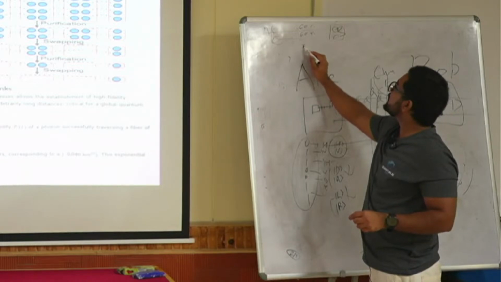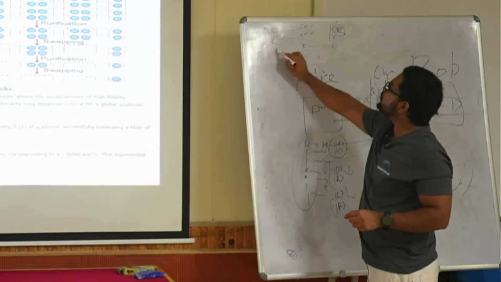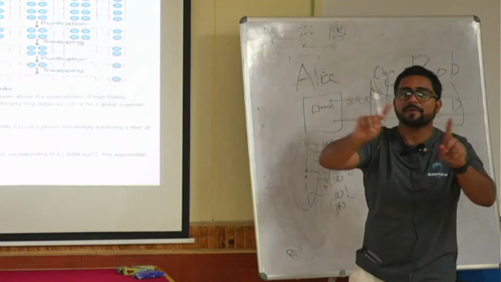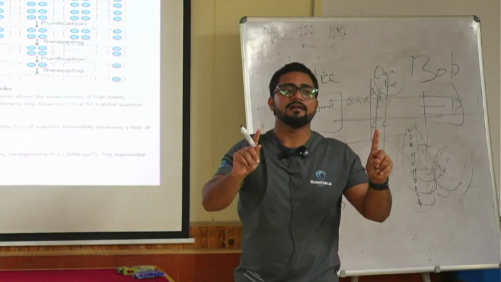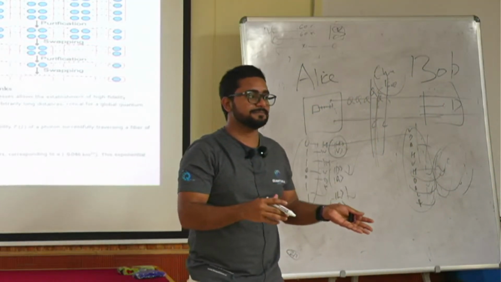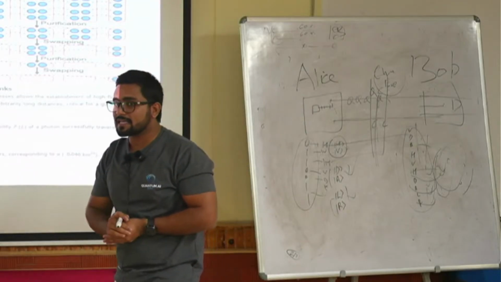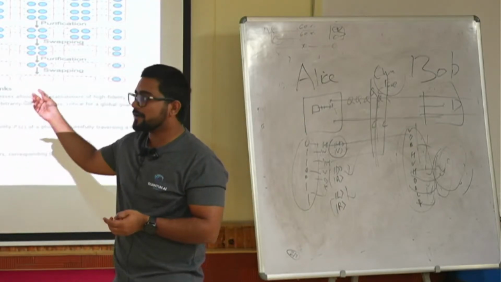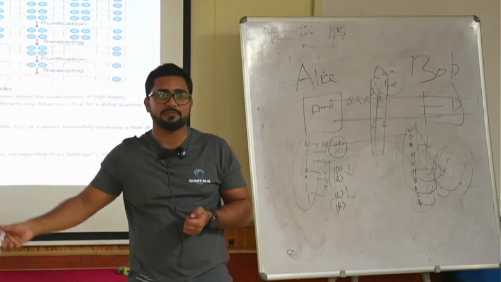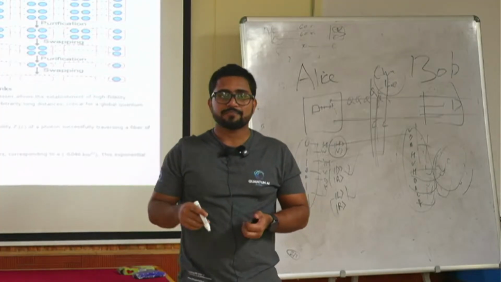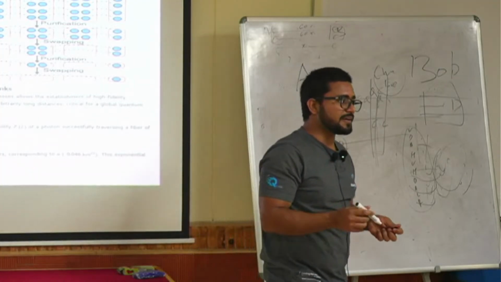It's 70% fidelity now, but two entanglements are converted to one, two pairs converted to one pair, and fidelity increased. So this is called entanglement purification. I'm not going to give the mathematics of it, it will be too long, but this is called purification.